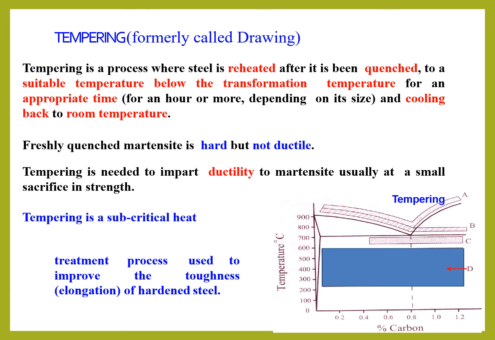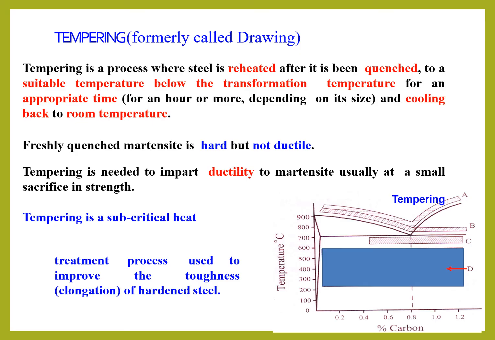Next process is the tempering process. After hardening, we again have to do the tempering process. Why? In the hardening process the hardness value is high but the ductility is reduced, because the final structure formed in hardening is martensite, so the ductility is low.